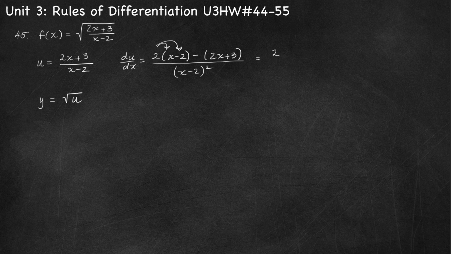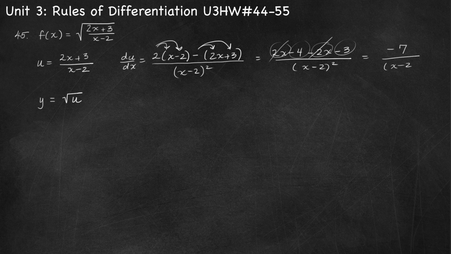I get 2x minus 4, and then here I'm going to distribute the negative 1, minus 2x minus 3, over (x minus 2) squared. And we have some like terms here. So I have 2x minus 2x, that's 0. And then I have minus 4 minus 3, that's negative 7. So negative 7 over (x minus 2) squared. That's the derivative of my inside function.